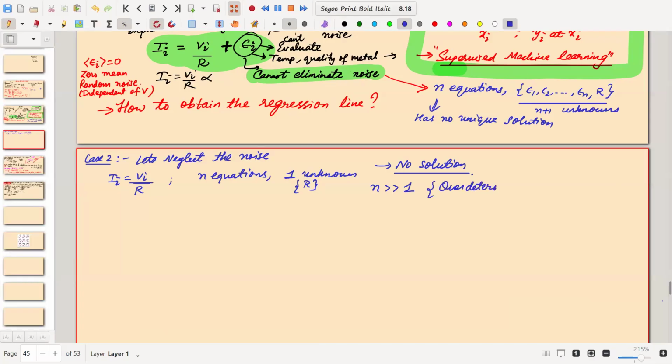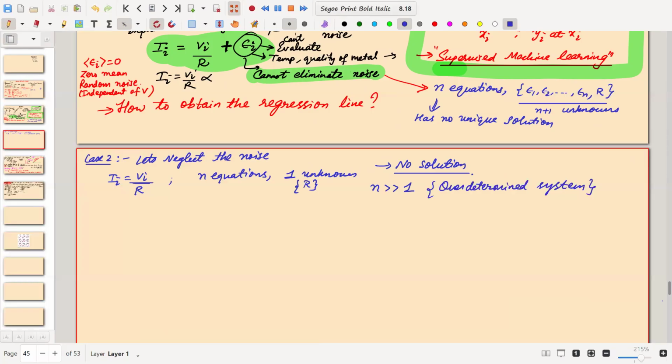You are over-determining it. You are giving more information about R than it needs. If it was just one equation, you could simply find it, right? So you cannot find a unique R and all noises exactly.